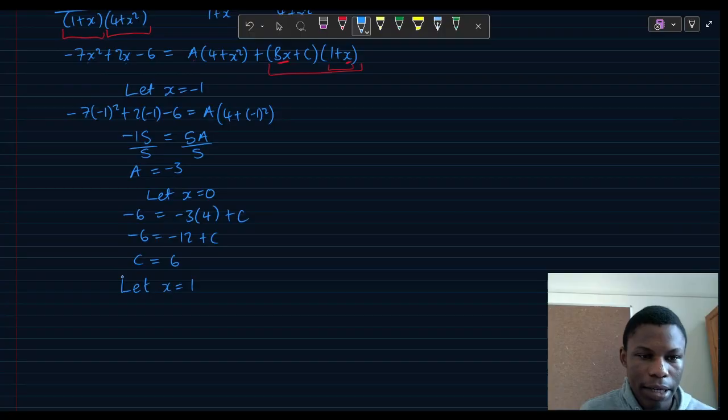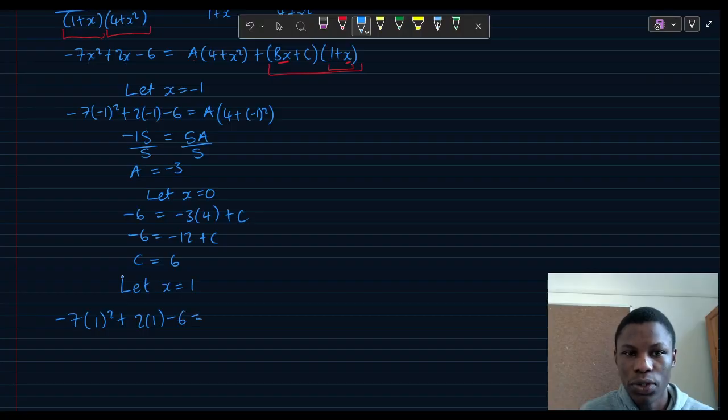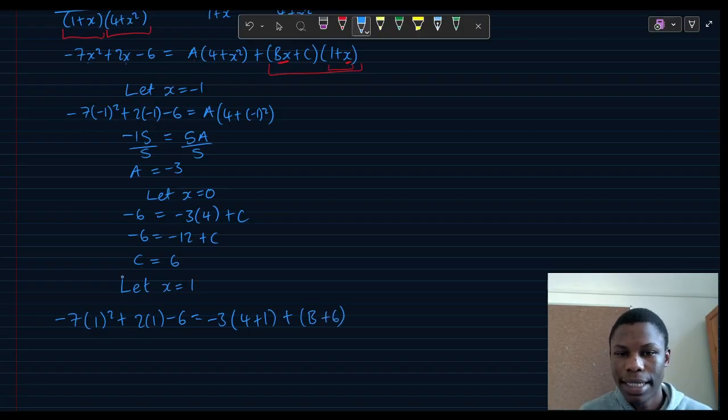And so now it becomes negative 7 times 1 squared plus 2 times 1 minus 6 is equal to a. We know that a is minus 3 times 4 plus 1 squared, plus b times 1 plus c, which is 6, times 1 plus x, which is 1.